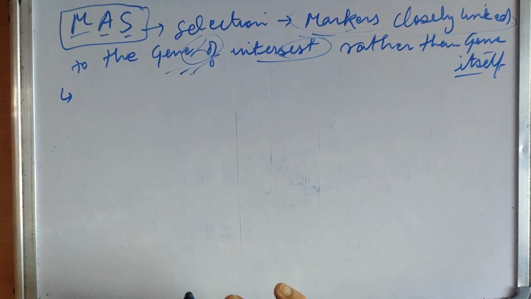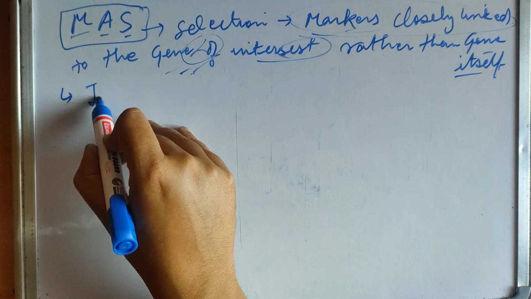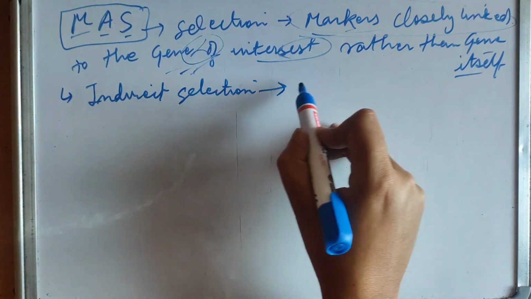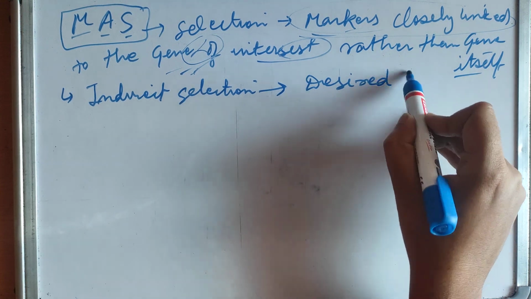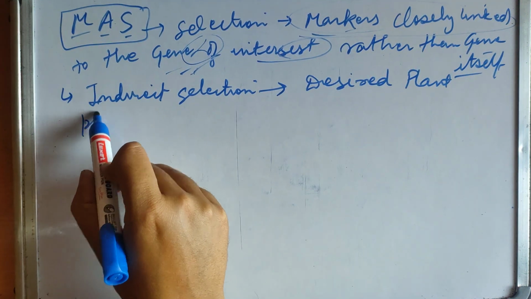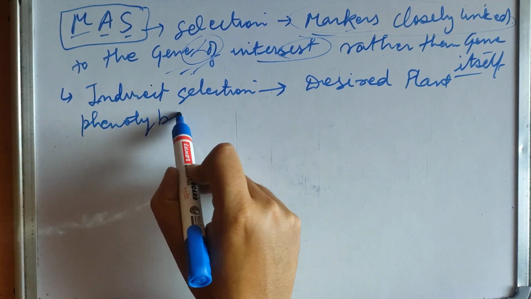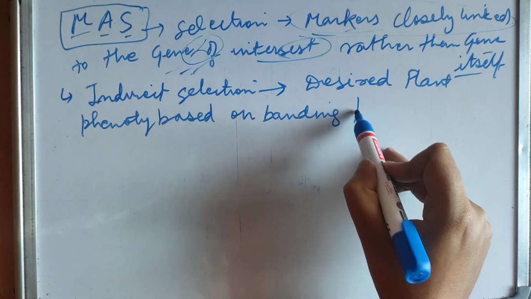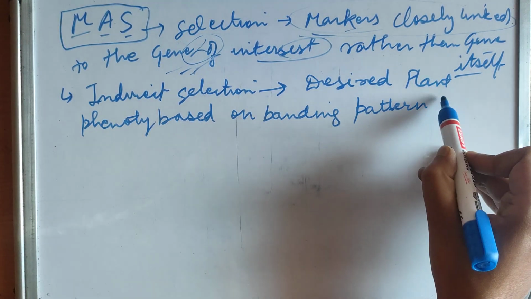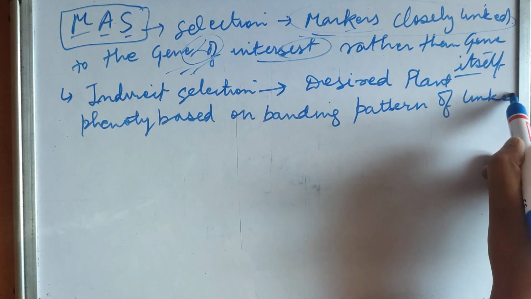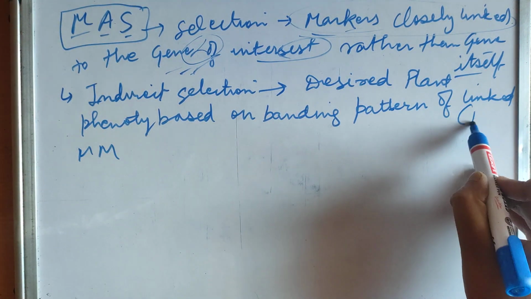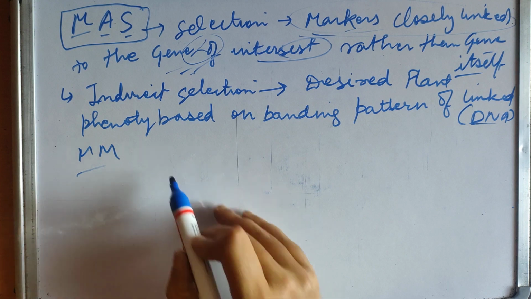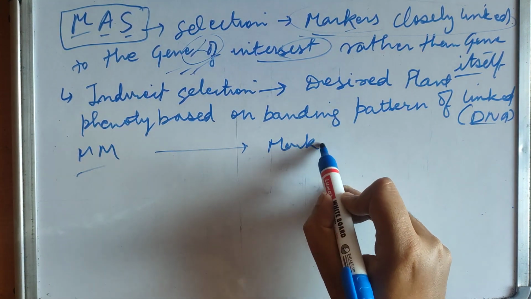It is indirect selection of the desired plant phenotype based on the banding pattern of linked molecular markers, or you can say linked DNA markers. It is also known as marker aided selection.